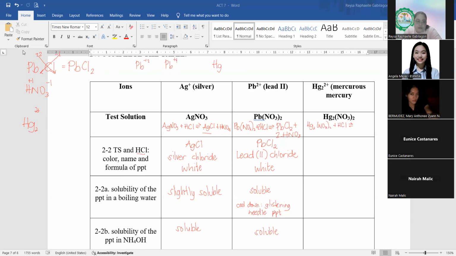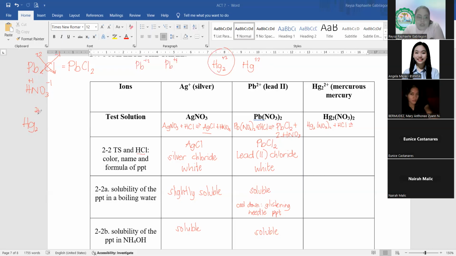Ayun yan. It's written like this. Hg2 2+. This is the lower charge na mercury. It's the mercurous mercury. It's still +1 though, but it exists as two atoms. Diatomic siya. And then, yung talagang +2 na mercury, the higher charge is written like this. Still +2, but without the subscript.